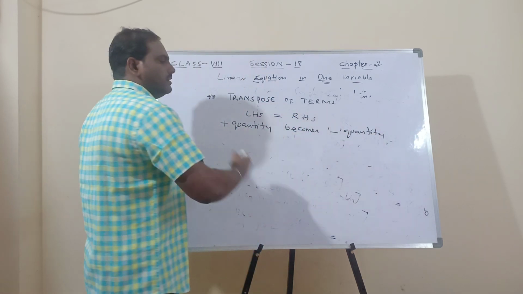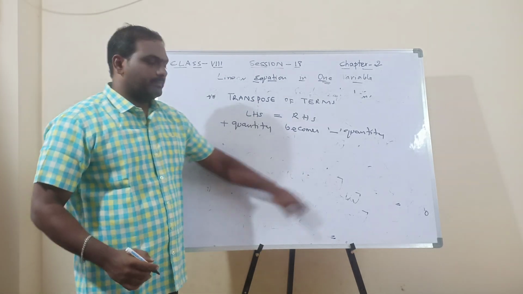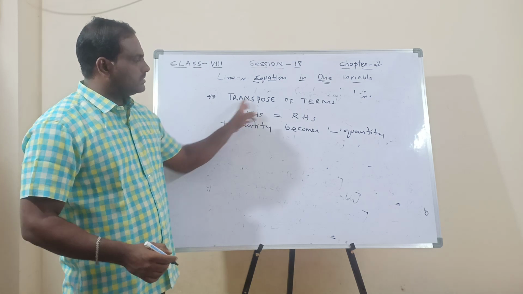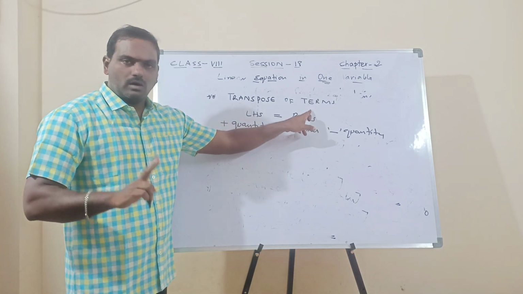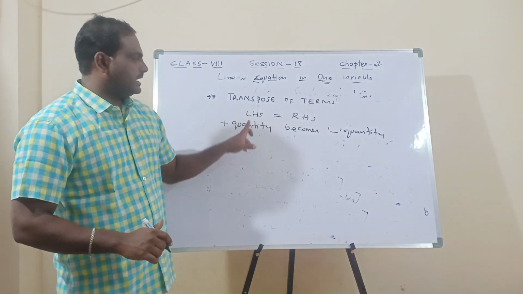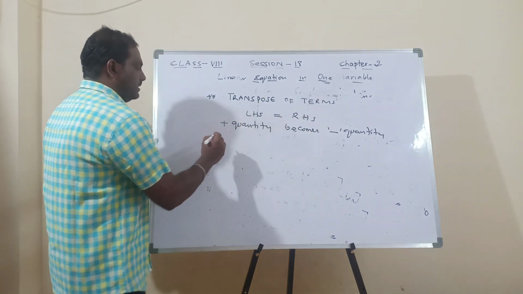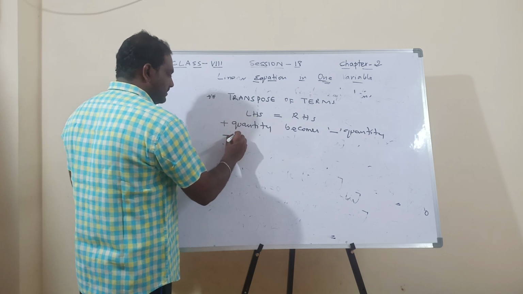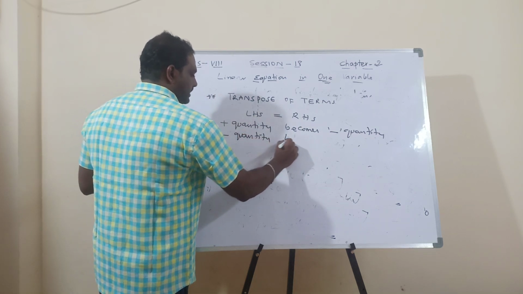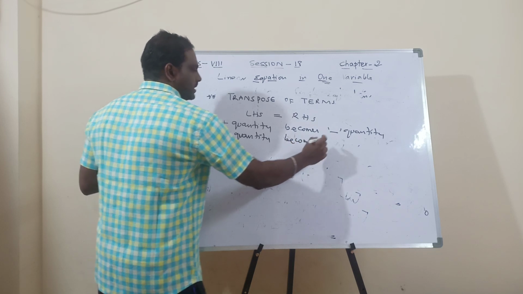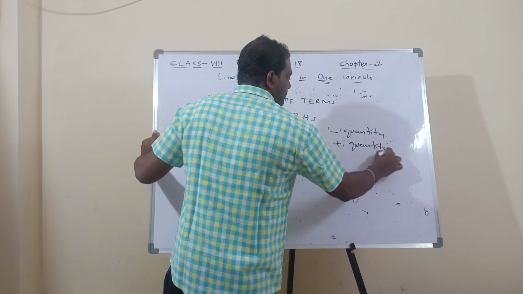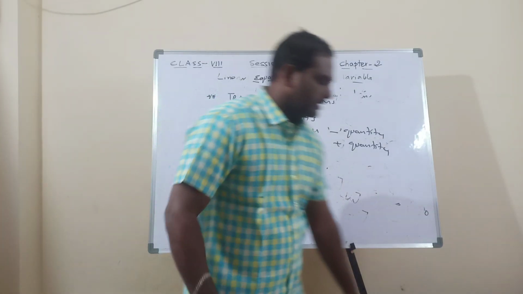First you learn, then in the applications I will explain. That means, when a plus quantity from LHS is transposed to the right hand side, or from the right hand side to the left hand side, it will become minus. Next, the reverse: a minus quantity becomes a plus quantity.